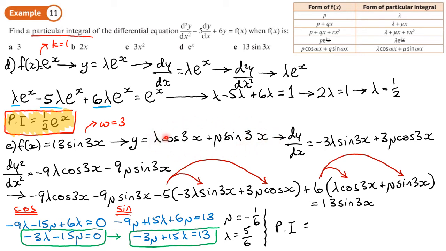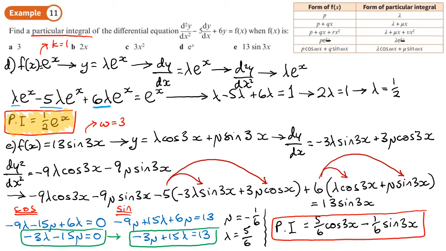So I will have 5 over 6 cos 3x, and then mu is negative 6, so negative 6 sine 3x. So there we go. There's our particular integral for this one. So just highlight that.